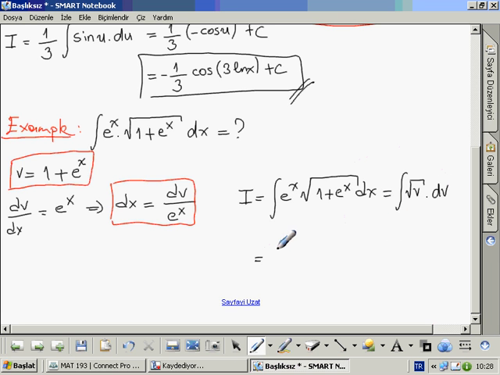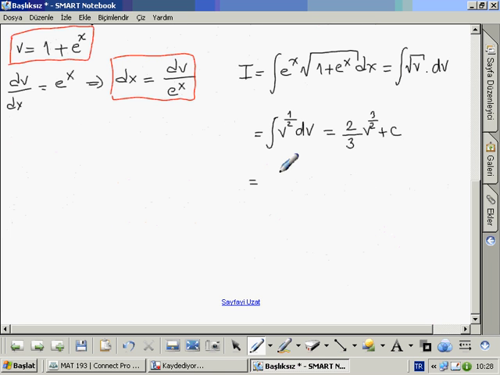After that we can think about it: integral v to the power of 1 over 2 dv, so it's equal to 2 over 3 v to the power of 3 over 2 plus c, which is 2 over 3 times 1 plus e to the x to the 3 over 2 plus c.